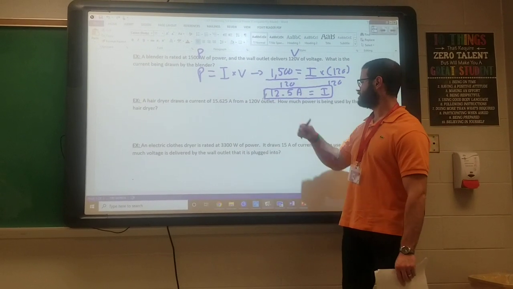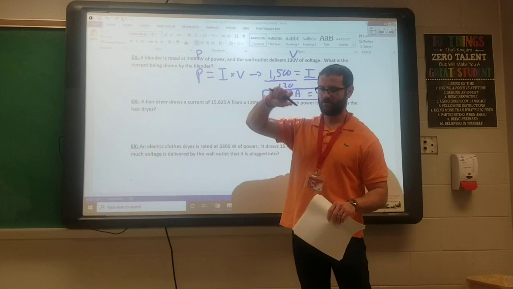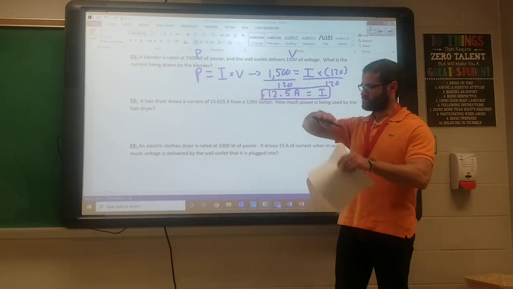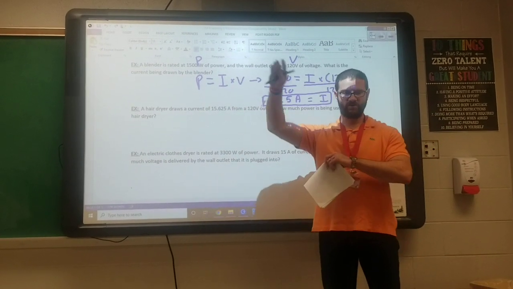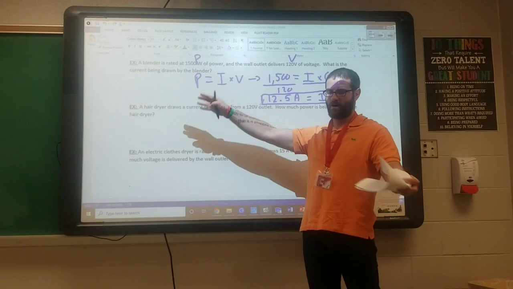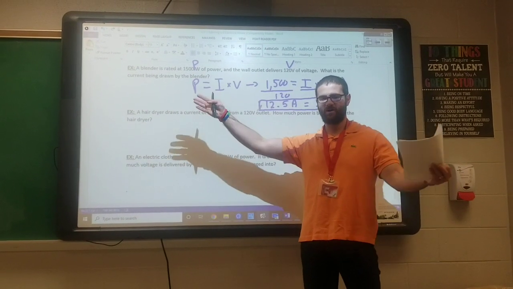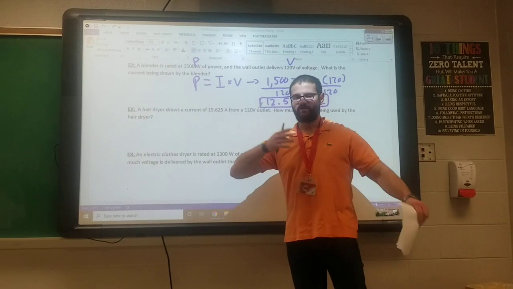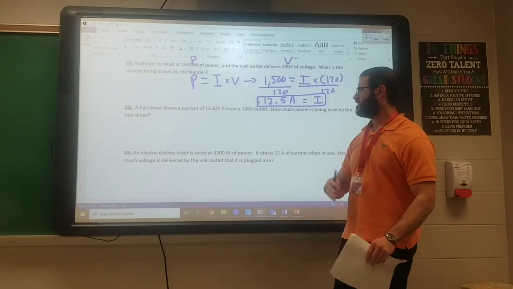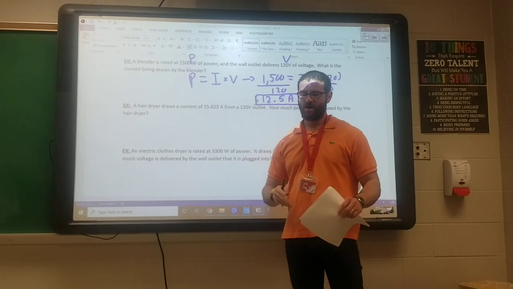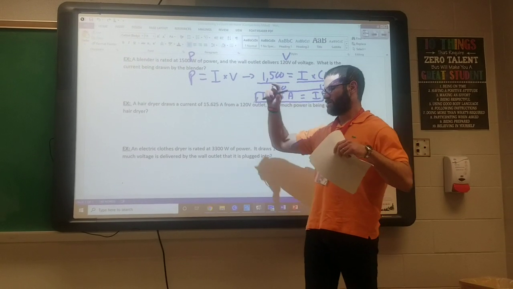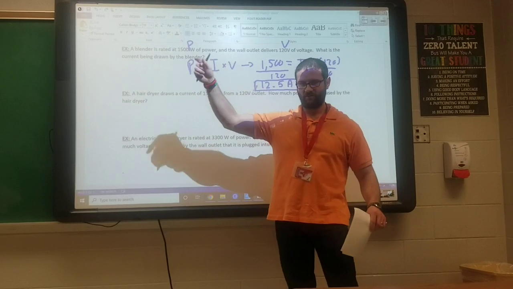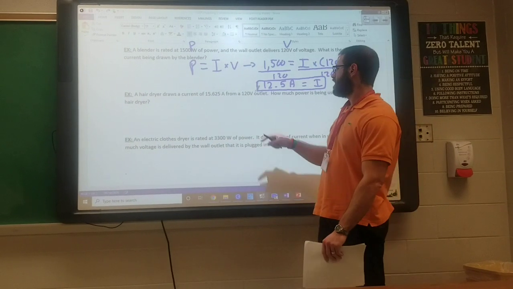If you go to Europe, it's different. Those outlets put out 220 or 230 volts. It depends on what country you're in, but most in this country are around 120 volts, unless there are some special ones that have more or less voltage.